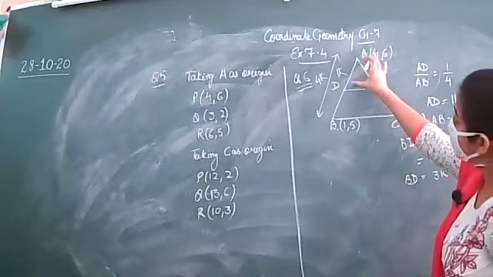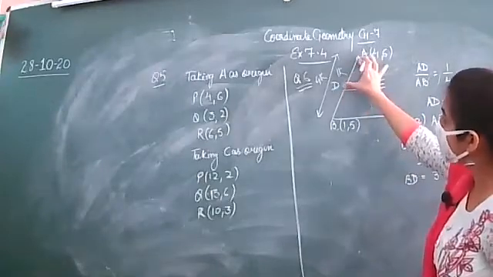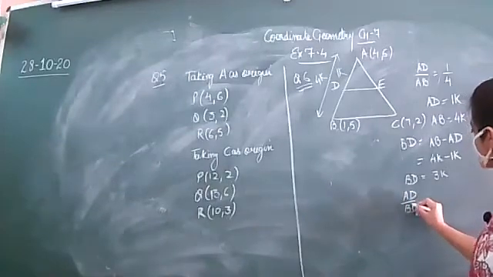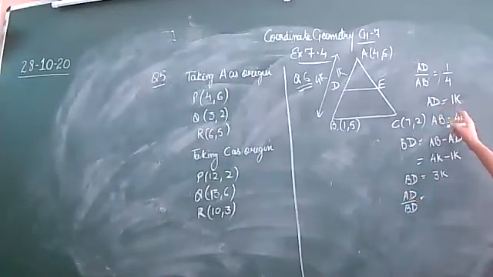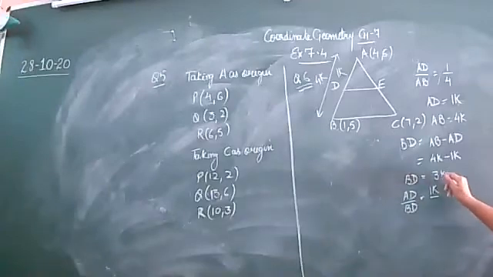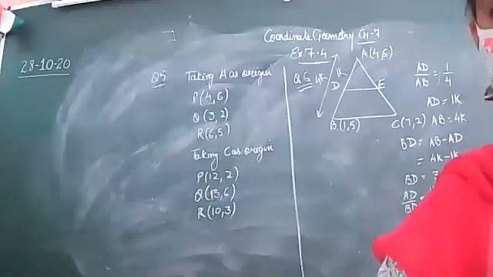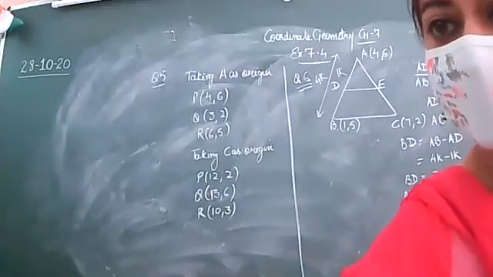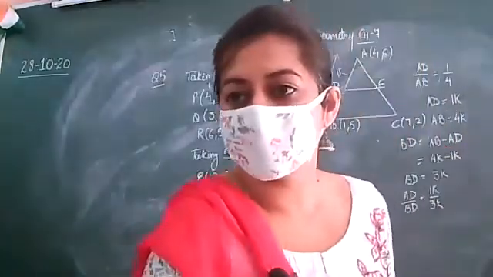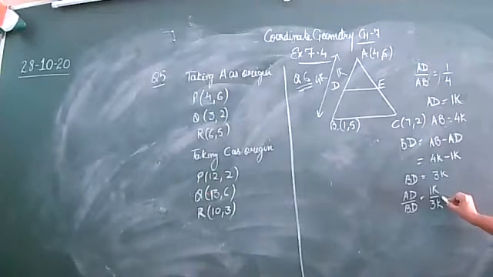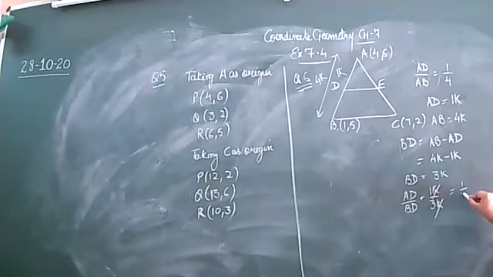Now if we want to find the ratio of these two parts, AD upon BD, the value of AD is 1K and the value of BD we got just now is 3K. After cancelling the variable K, you will get 1 by 3.